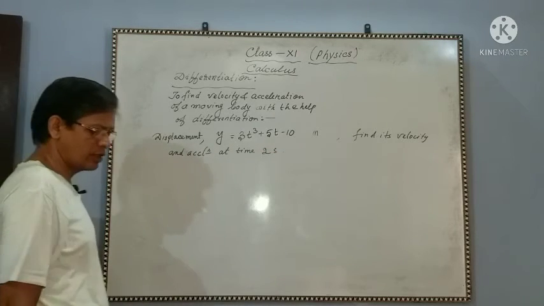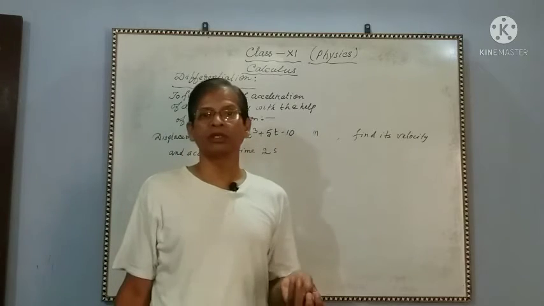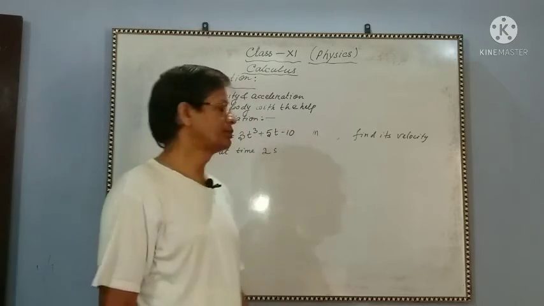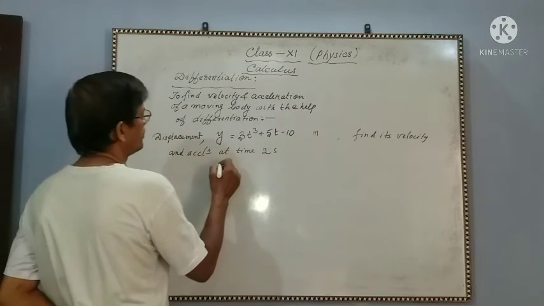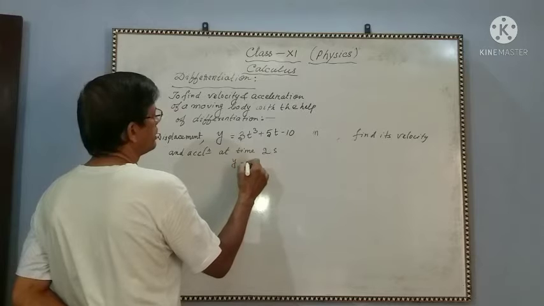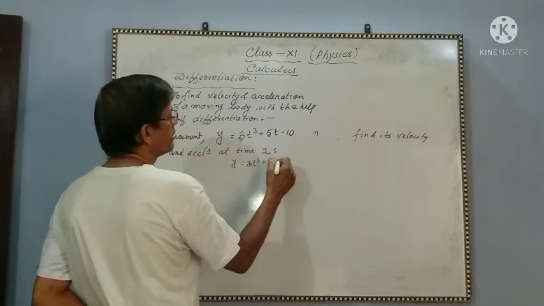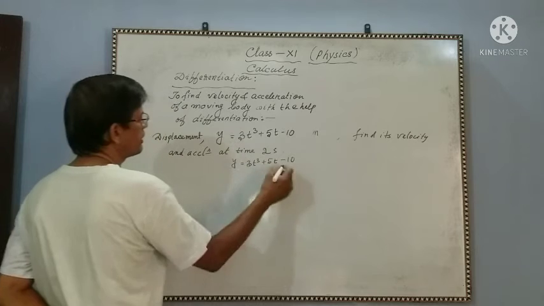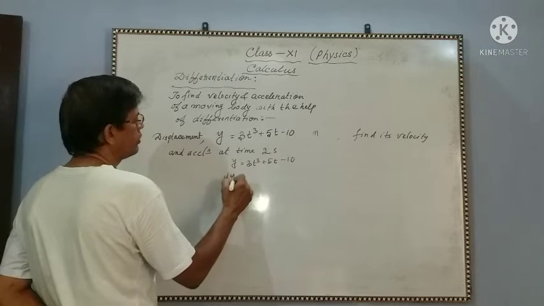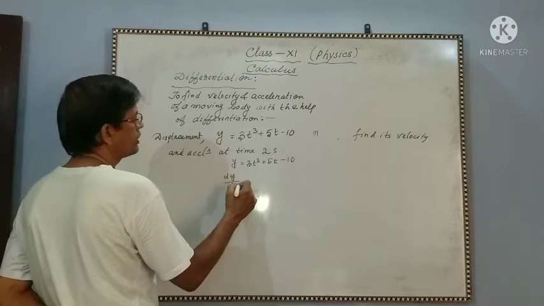So first this expression should be differentiated with respect to t. Y equal to 3t to the power 3 plus 5t minus 10. So differentiate dy by dt with respect to time.